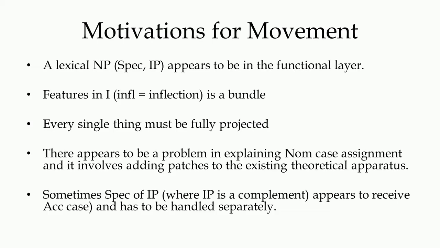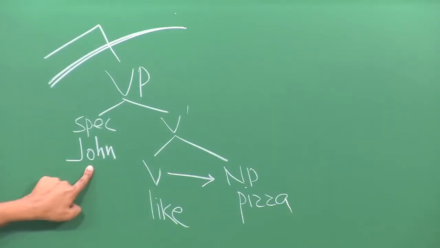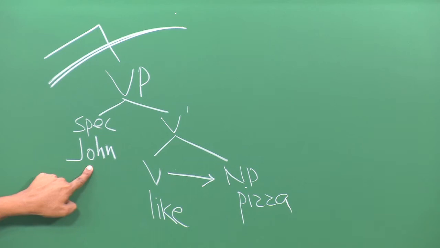There is a problem related to the case assignment. What we have seen last time, that the subject NP needs a case assigner to have nominative case assigned to the subject. You see the position of this thing? Subject NP here in the spec of VP.